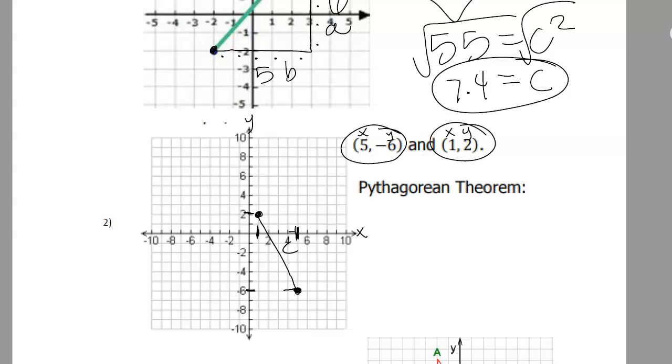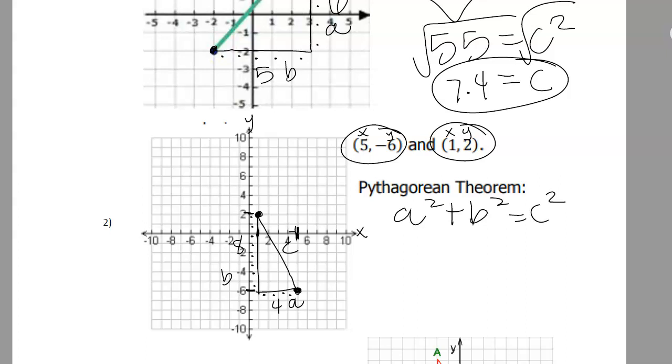And then you draw your right triangle. Again, it doesn't matter. 4. 1, 2, 3, 4, 5, 6, 7, 8. Alright, so a squared plus b squared equals c squared.